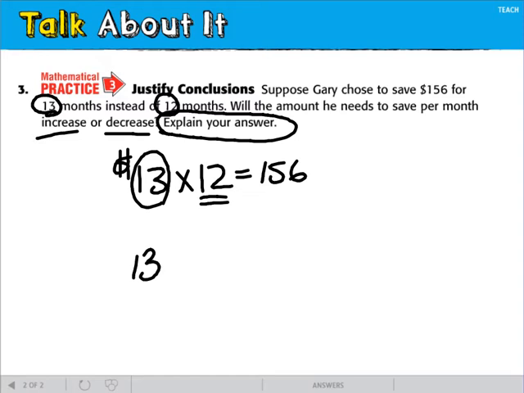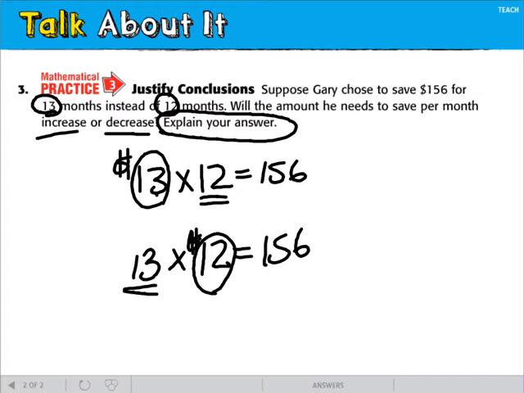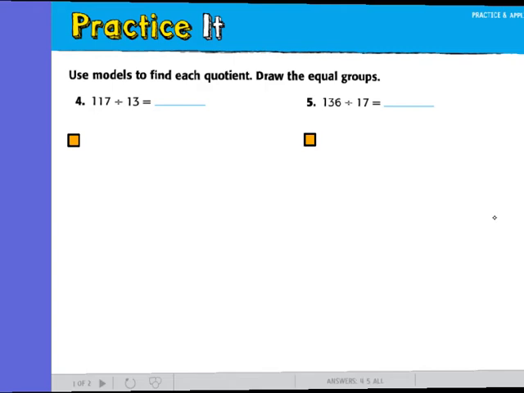Well, we already know that if we go 13 months, $13 times 12 is 156. So if we change this to the months, this becomes a dollar amount, which is less than the 13 that we started with. Very good.